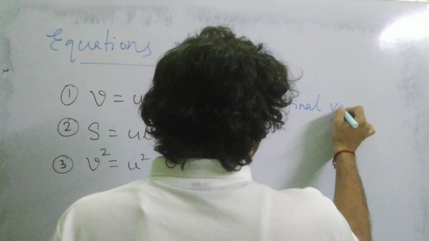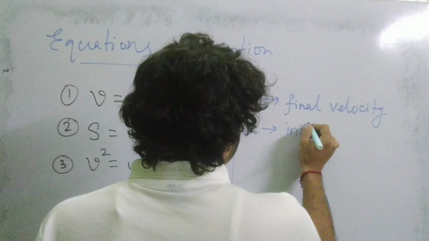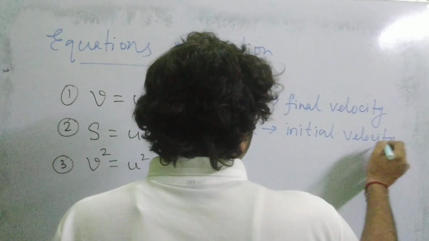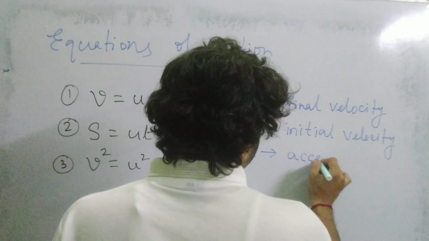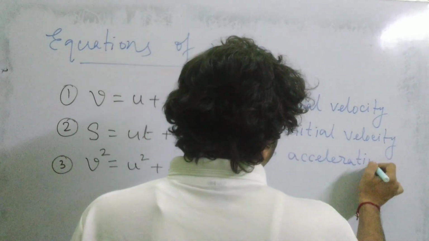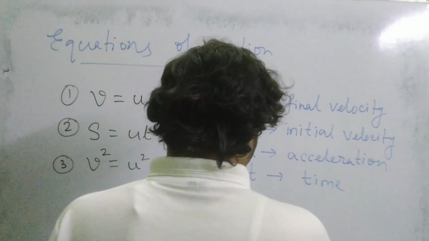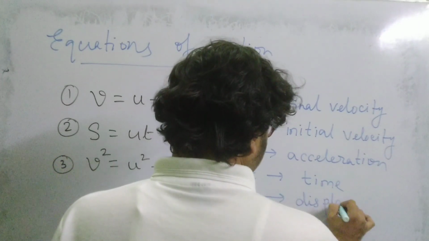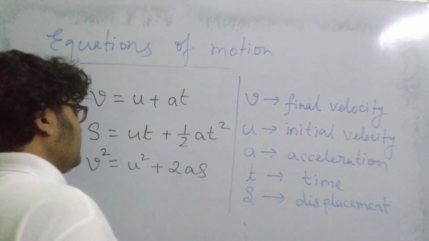Please note that these are actually velocities, not speed; it is better to say velocity. u is the initial velocity. a means acceleration. t means time, and s means displacement. So these are the notations that you need to know.